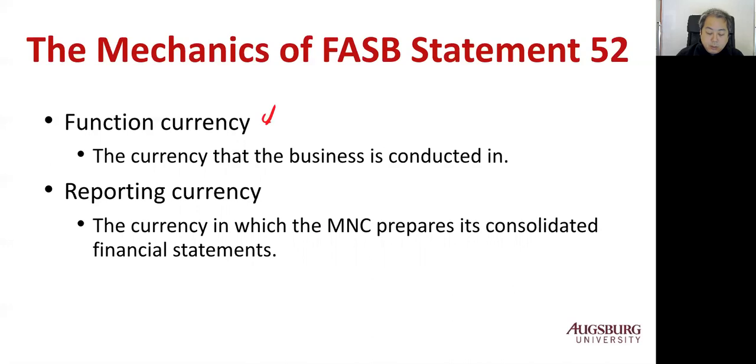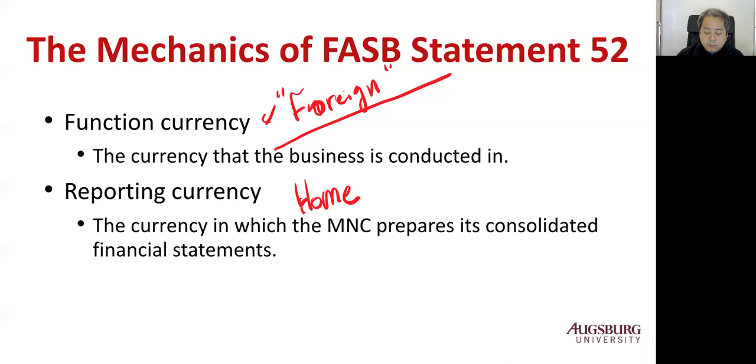That's the local currency. The reporting currency is the currency in which the multinational company prepares its consolidated financial statements. So it's the home country currency. In the US, it should be US dollars.